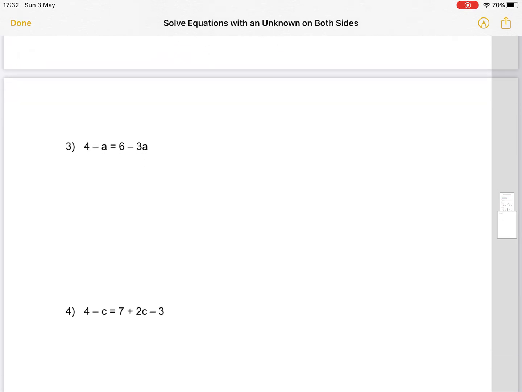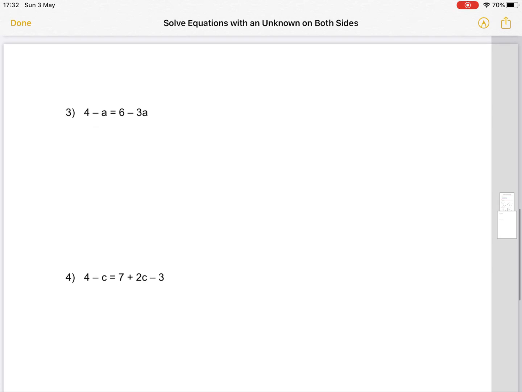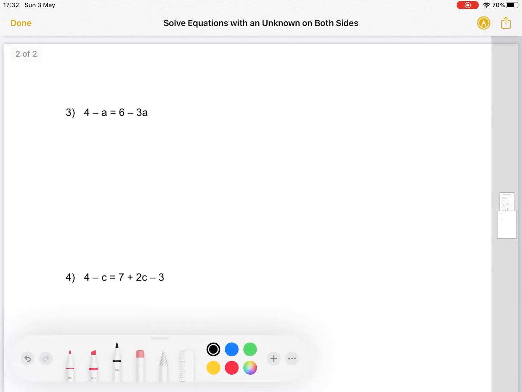Example 3 now. Now, in example 3, I have 4 minus a is equal to 6 minus 3a. We have number terms on both sides, letter terms also on both sides. We must organize letter terms on one side, number terms on the other.